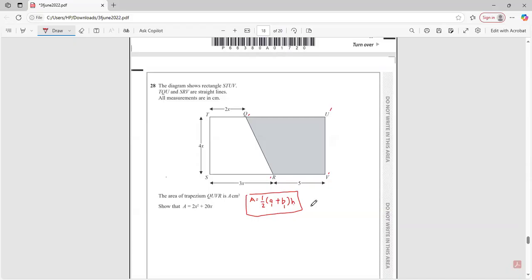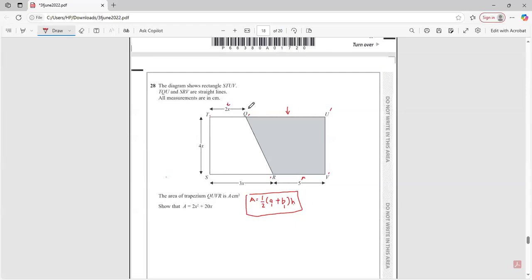Now, if I were to look at this diagram very well, the two parallel sides for the shaded part, that's the trapezium we're interested in, are 5. This 5 is a parallel side, and this one is parallel too. The question now is, from here, T to Q is 2x.